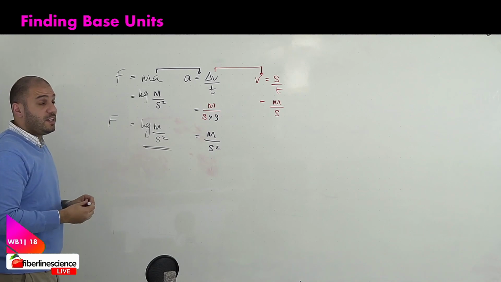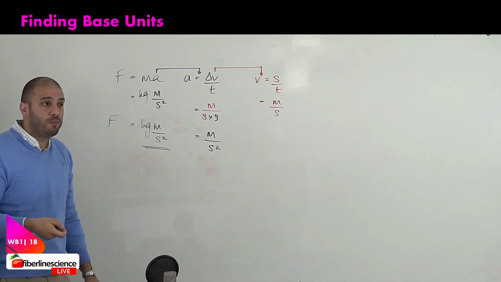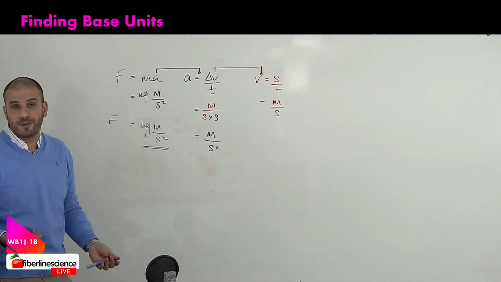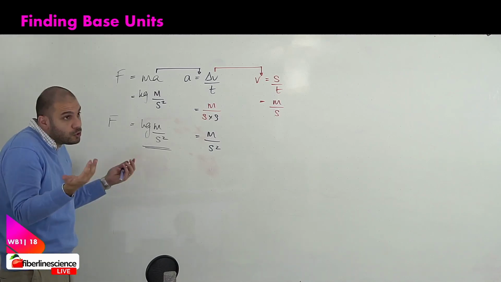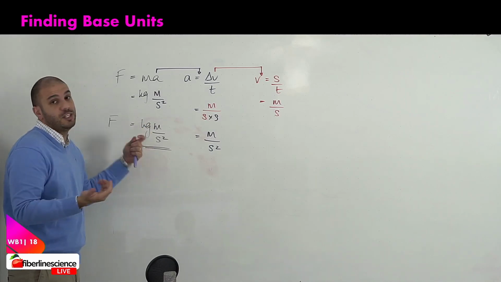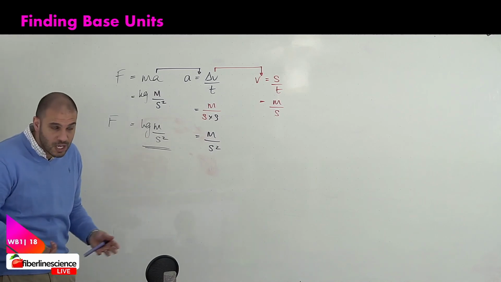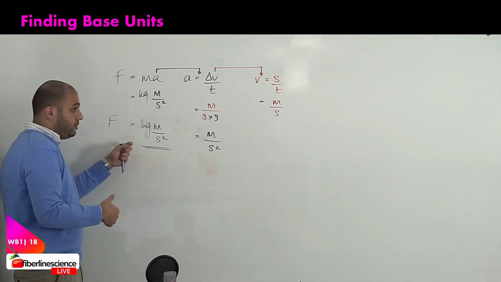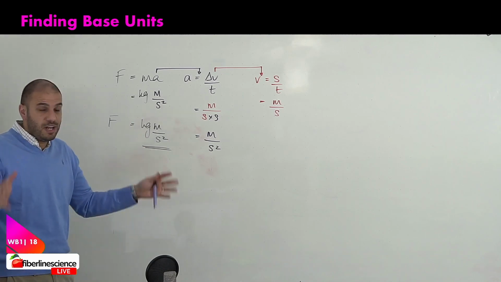Thing is, it is complex enough for us to not want to keep on writing all of these units down every time we need to calculate a force. If we say 20 newtons, instead of writing newtons, we should be writing 20 kilogram meter per second squared. Imagine trying to work many calculations with this and writing these units down over and over again. And mind you, some of these units for derived quantities can get very, very complex.